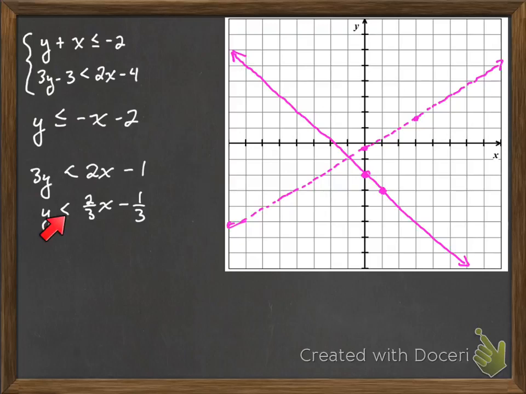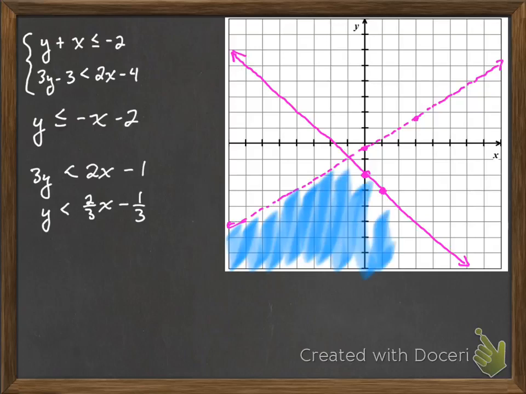And less than, so we will be shading below this line, and the other one was less than this line, so below this one also would put us in this region right here. So that is our overlapping shaded areas, this right here.